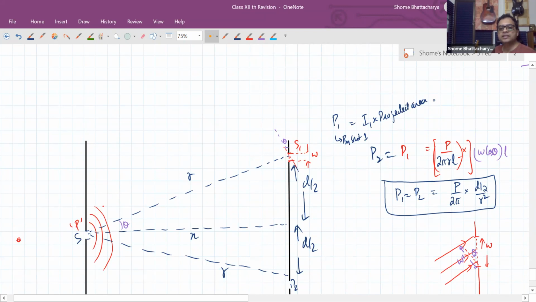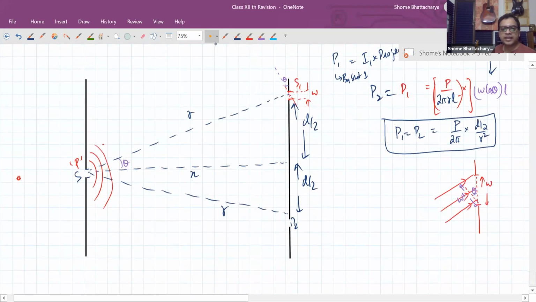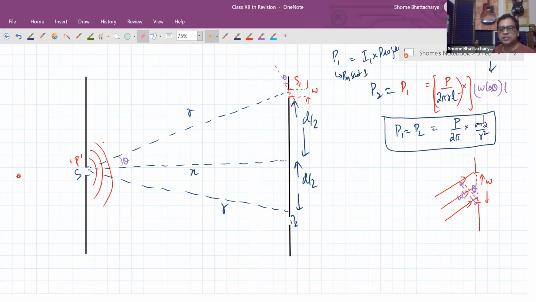The intensity incident is the power of the source slit divided by 2 pi r L, and the projected area is W prime into L, so that becomes W cos theta into L. Sorry, cos theta is not d by 2, it's x by r. This is where I made the mistake. So this is a non-monotonic type of function.